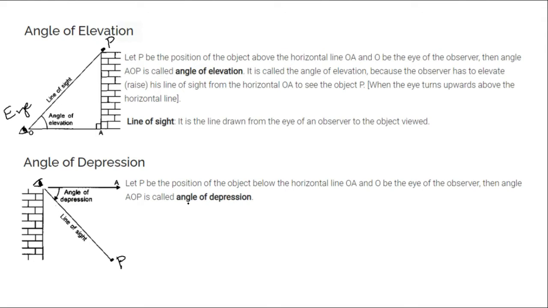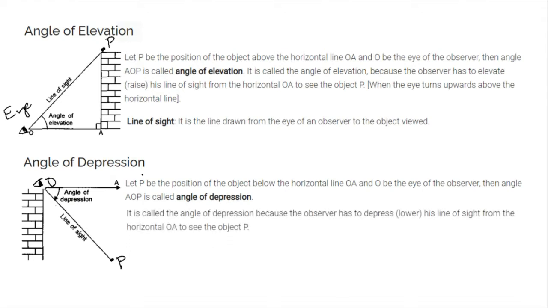Then the angle formed, AOP, is called the angle of depression. It is called the angle of depression because the observer has to depress or lower his line of sight from horizontal OA to see the object P.